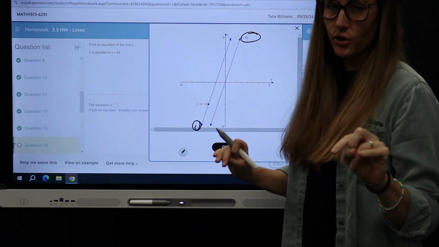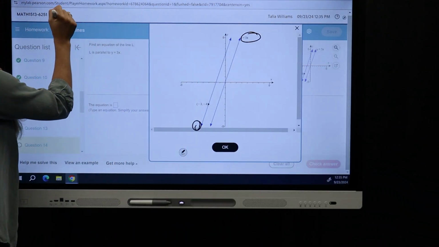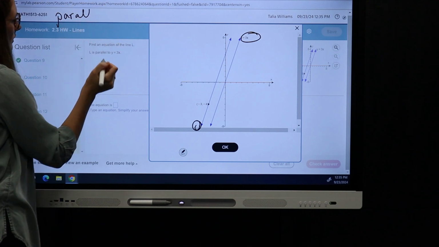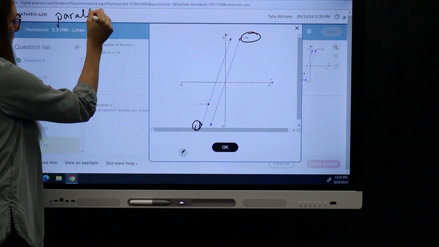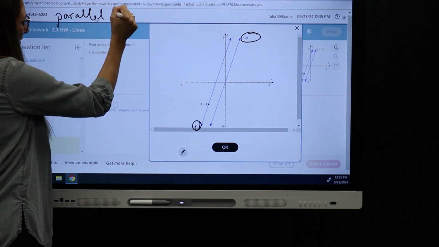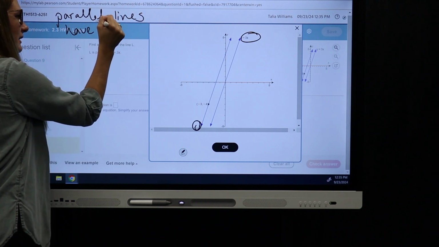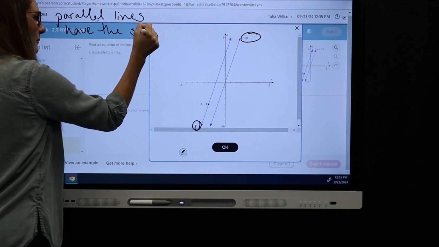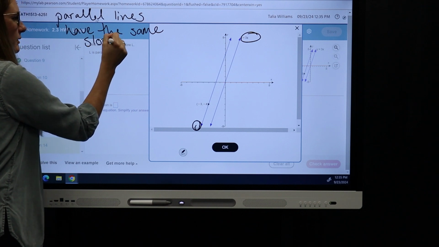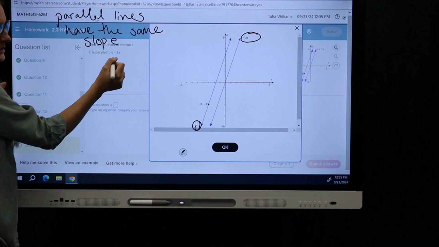So since they never cross, they have to have the same slope. So parallel lines have the same slope.